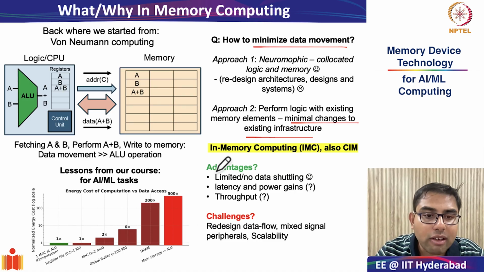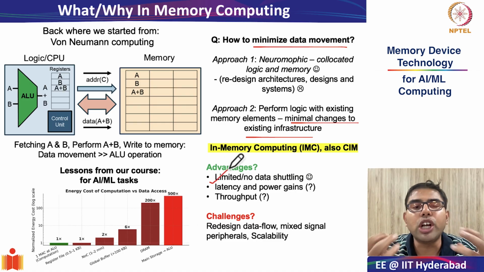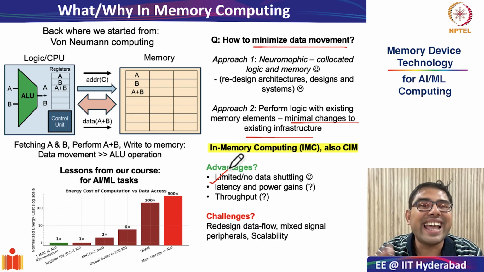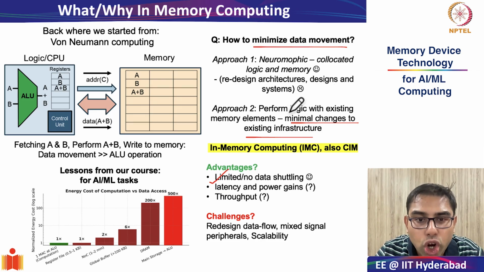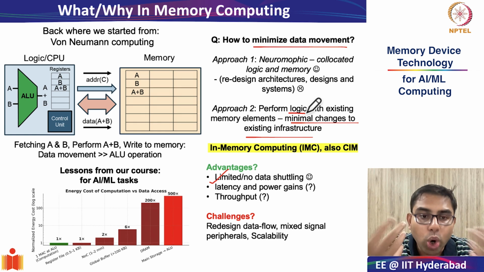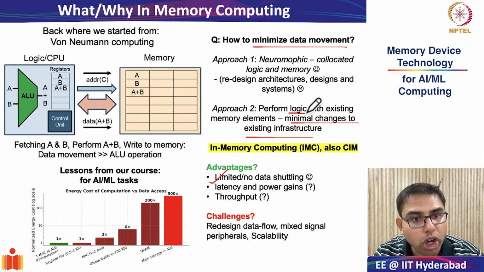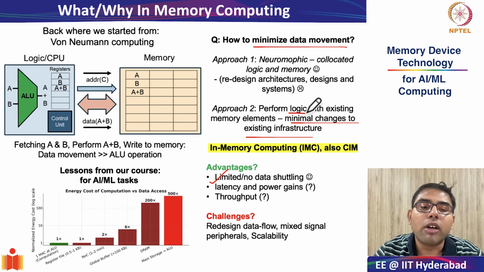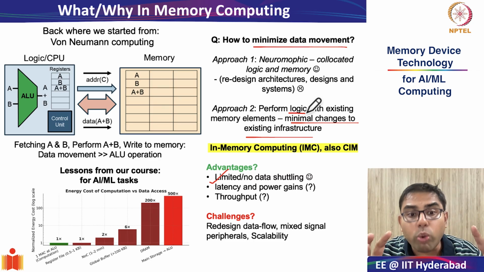So what are the key advantages of performing in-memory computing? Of course, there will be very limited or absolutely no data shuttling between the processing elements and the memory elements. Why? Because you are performing logic operations with existing memory elements. Of course, to load the data before you do the logic operation, there will be some data movement, but that will be quite limited.